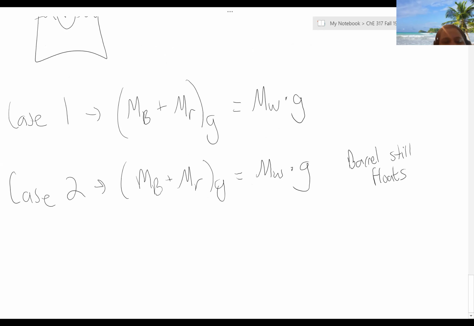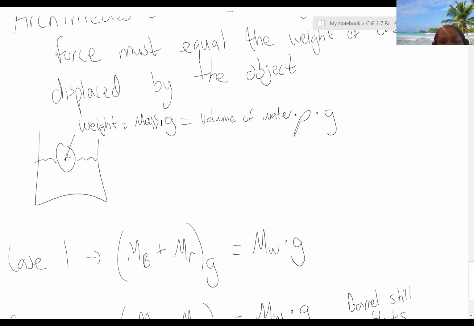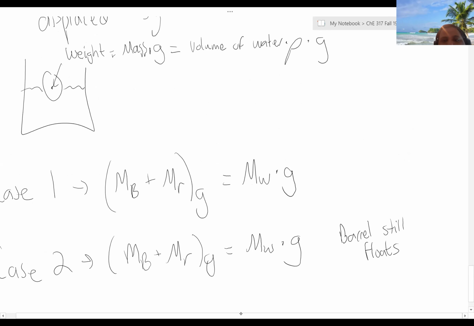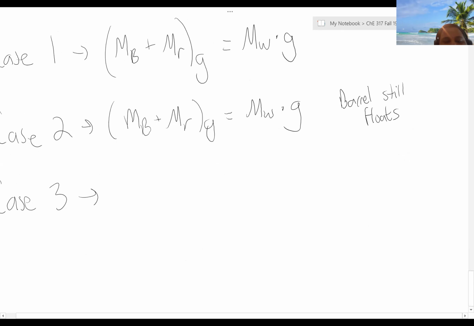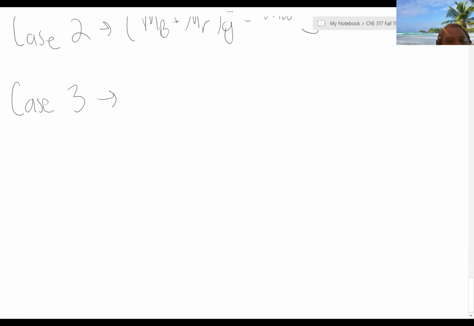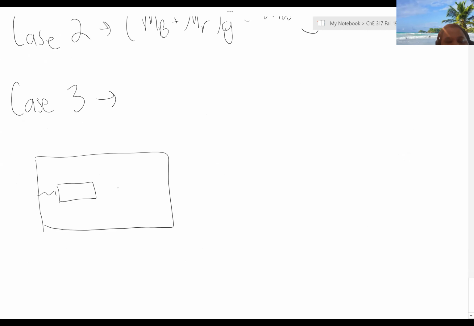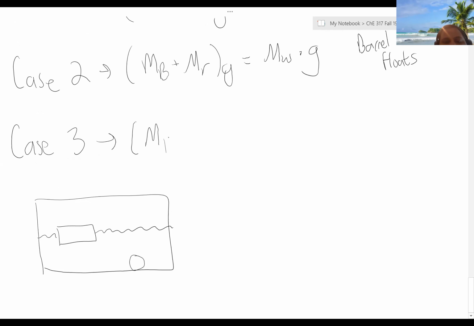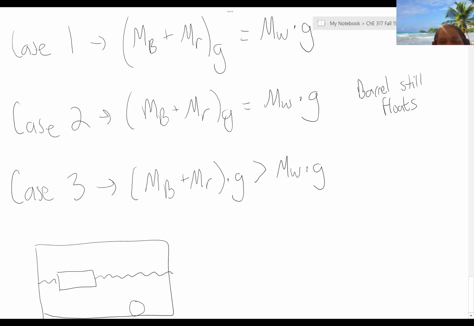For case 3, which was the second discussion, I'll draw case 3 here. We're looking at the situation where the raft floats, but the barrel sinks. The mass of the barrel plus the mass of the raft times gravity is now greater than the mass of the water that's being displaced.